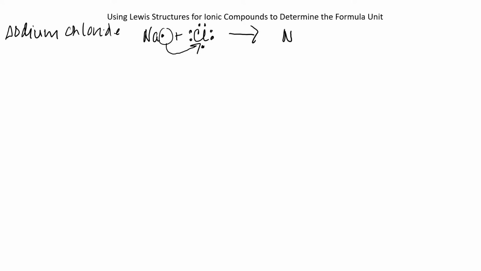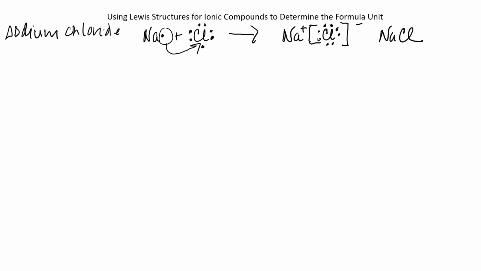So we get the sodium ion and the chloride ion. And this is the correct Lewis structure for sodium chloride, which also gives us the formula unit, which is NaCl.